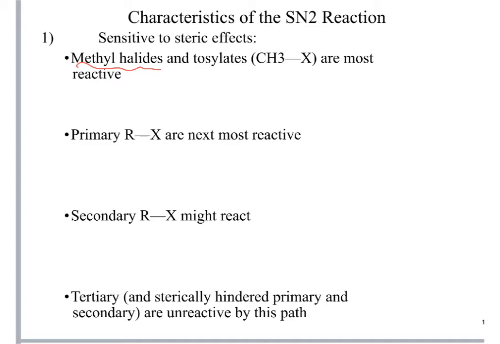So if we have, for example, methyl iodide or methyl tosylate, since hydrogen atoms are small, the nucleophile readily approaches the carbon atom from the backside without much crowding at the carbon center to give the corresponding product.